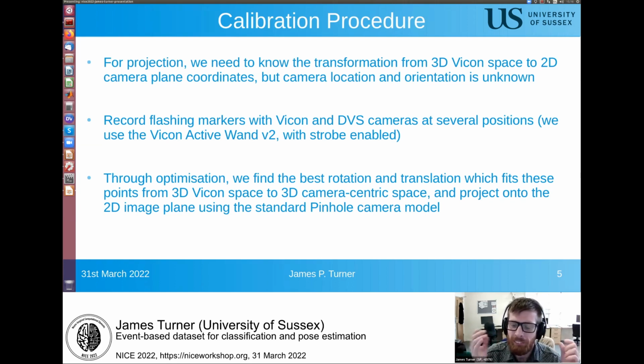We use the flashing on the Vicon active one so that both the DVS cameras can pick up the flashing and the Vicon system can pick up the location of the markers. Using these points through optimization, we can compute the best rotation and translation from 3D Vicon space into 3D camera-centric space, and then project onto the DVS camera plane using a standard pinhole model.